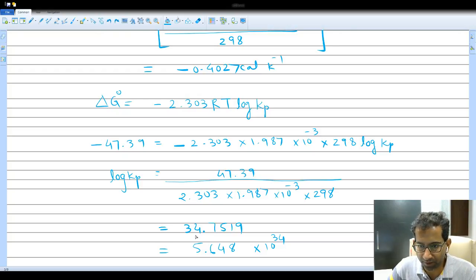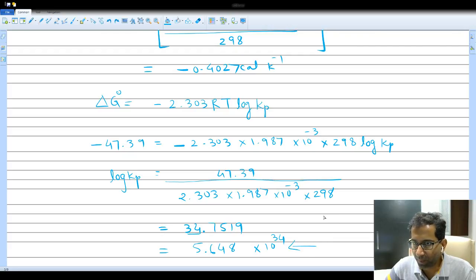This becomes the power. Now think of the unit, it will be unitless.